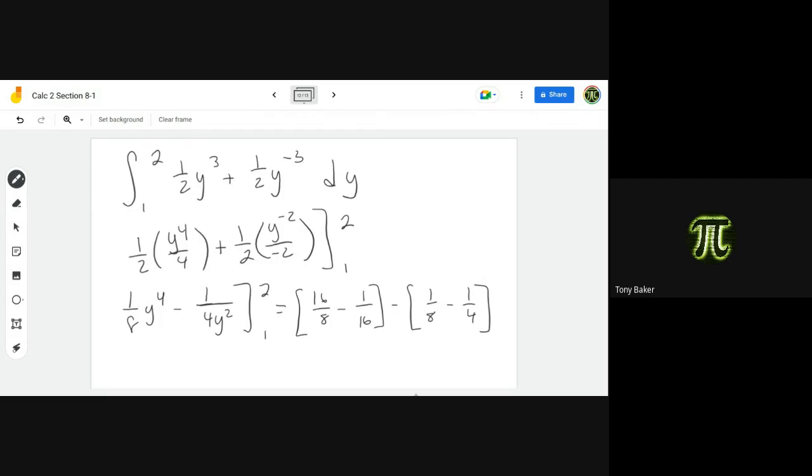Do we leave it with that? No, 16 is 200. Whoa. Yeah, which ends up equaling 33 over 16. Oh my goodness.